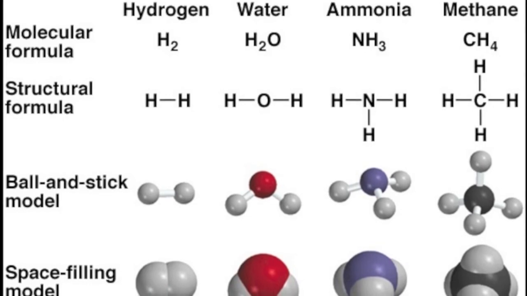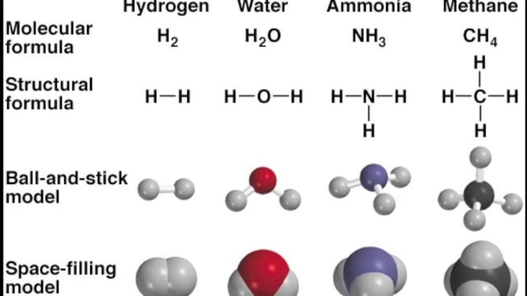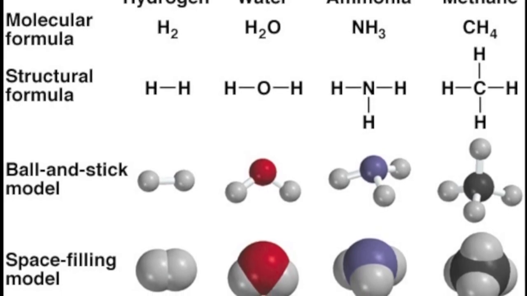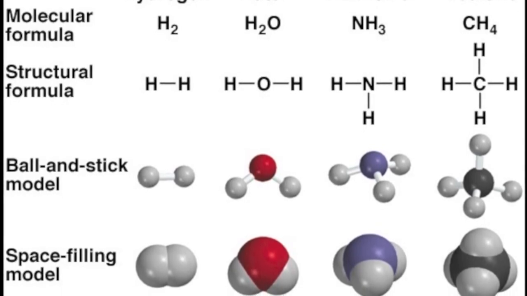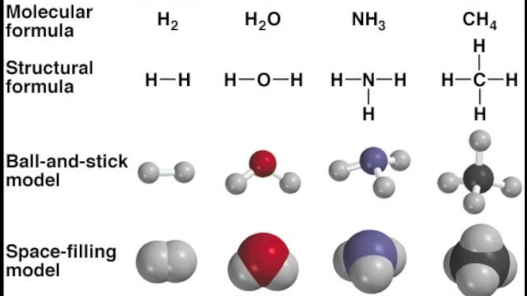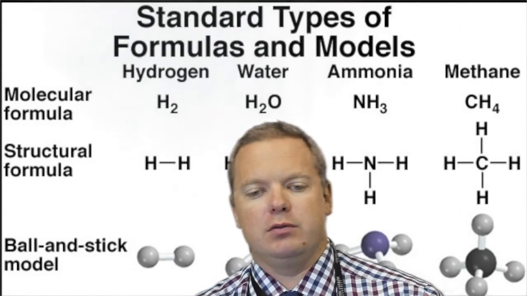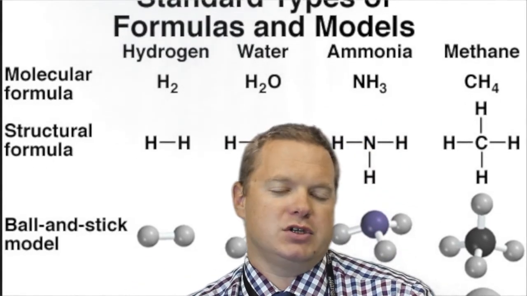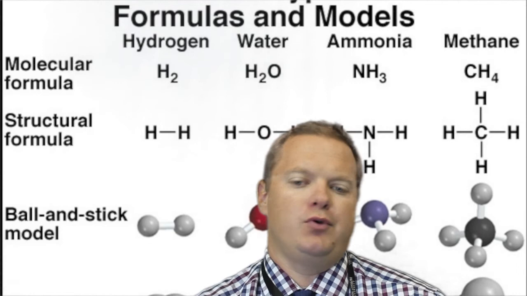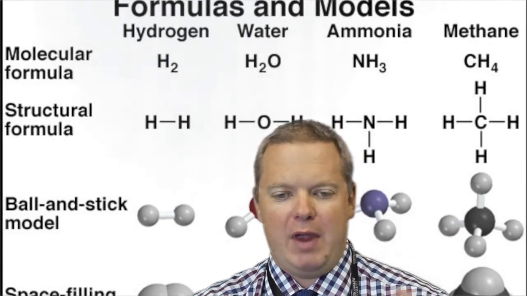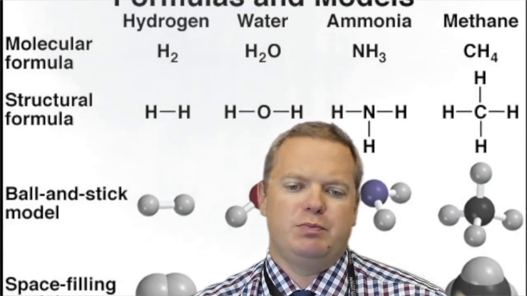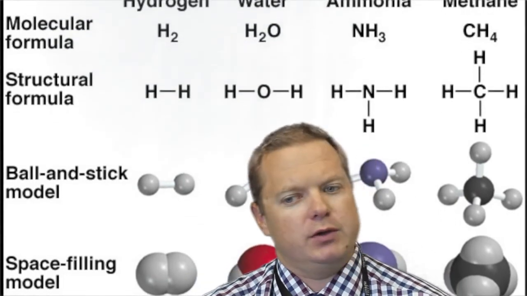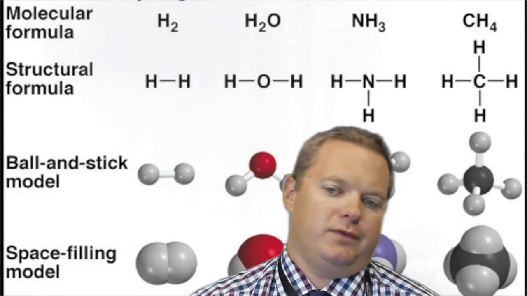To give us a more clear idea of what this looks like, we also have the space filling model, which shows us a three-dimensional representation of the space that these take up. So you need to start learning to make that transition between the molecular formula and the structural formula. We'll spend a lot of time throughout the semester and then again next semester making that transition very clear, but just be aware that there are several ways we can represent these molecules that we've learned to name so far.